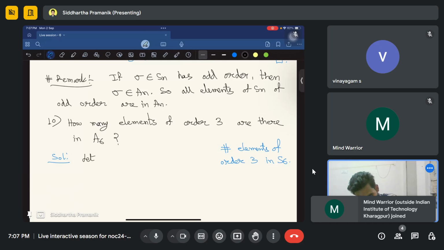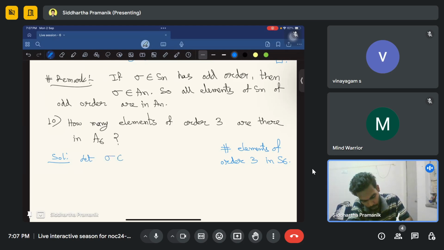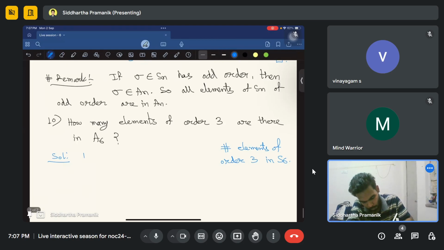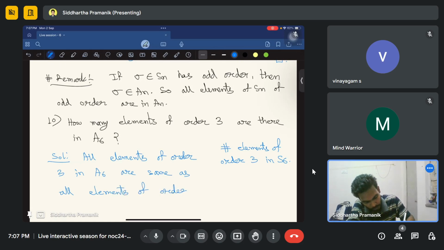Okay, let me write clearly. Now all elements of order 3 in A6 are the same as all elements of order 3 in S6.